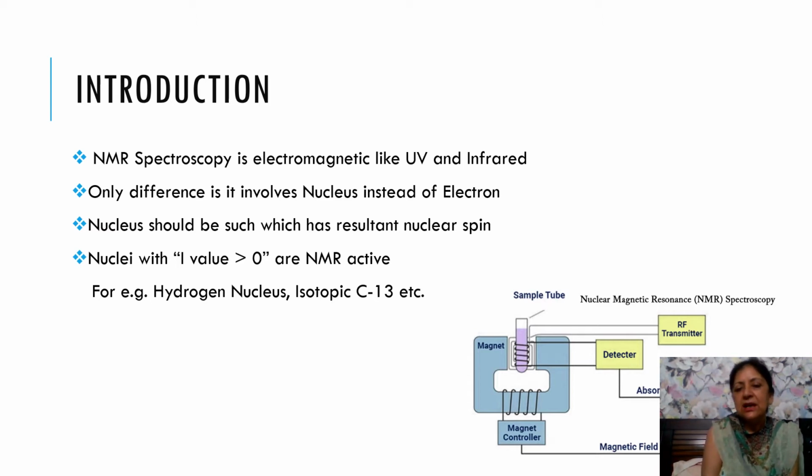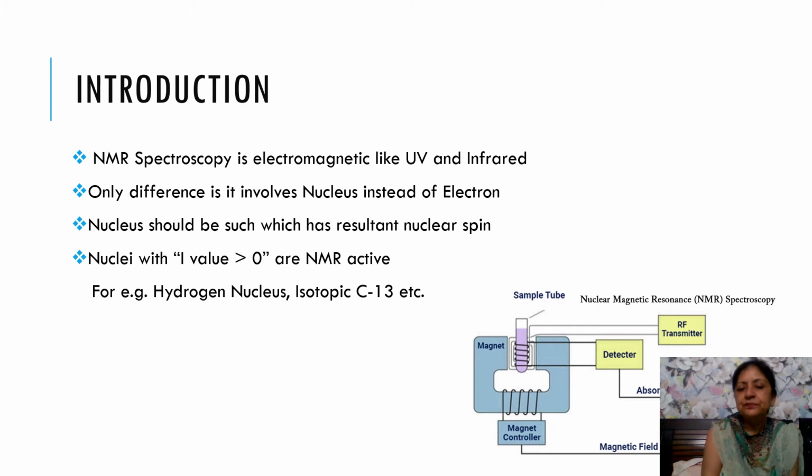The first thing, the nucleus, should be such that it has some resultant nuclear spin. That means the atomic number and the mass number, one should be even and the other should be odd. Only nuclei with I value greater than 0 are NMR active.